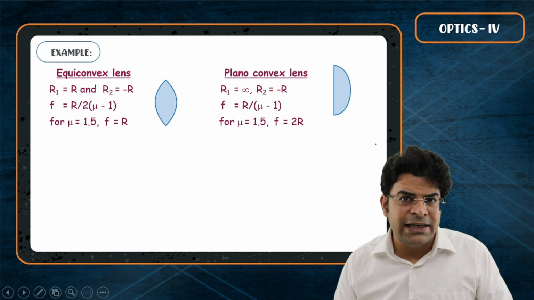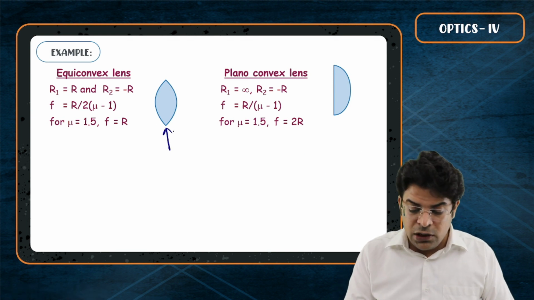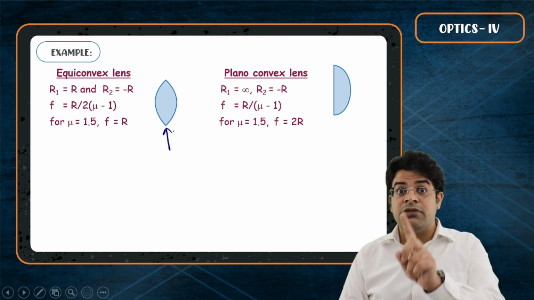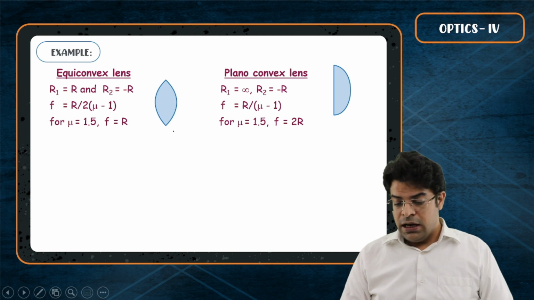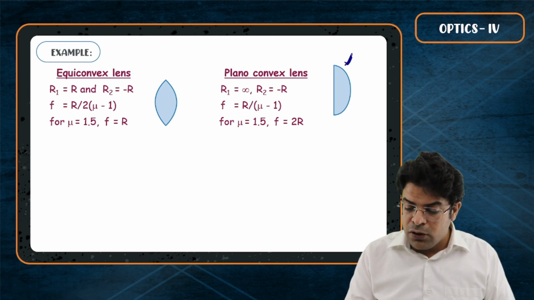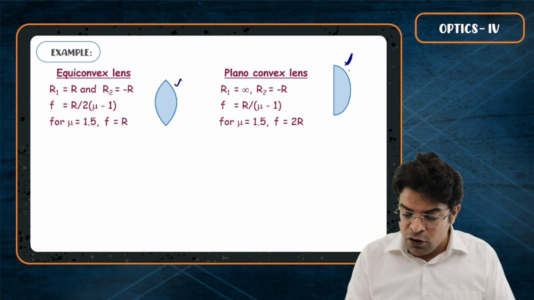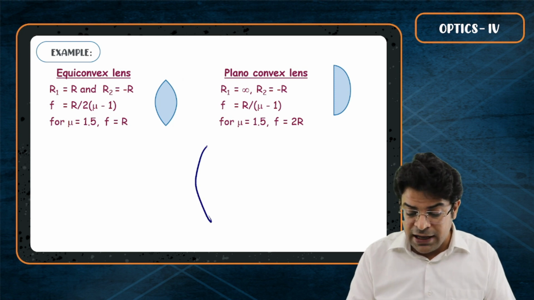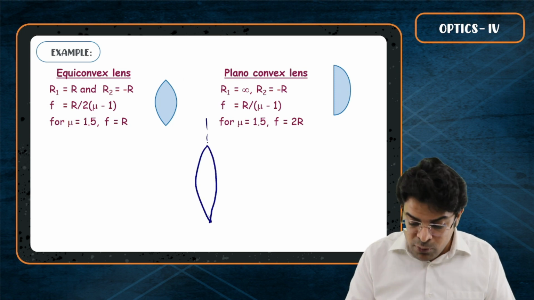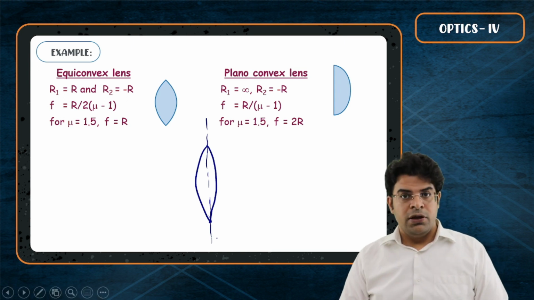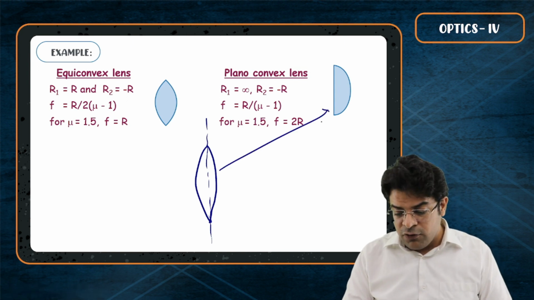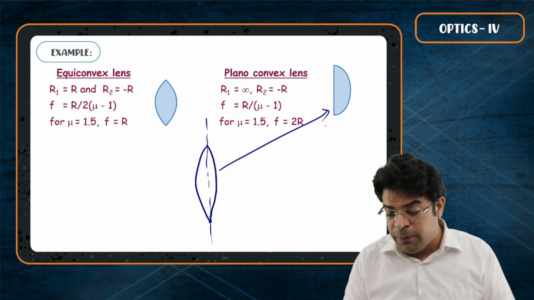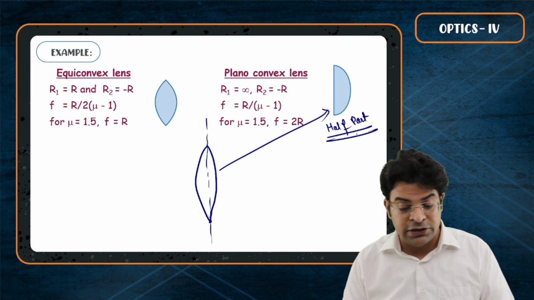Remember how I said that in the case of an equiconvex lens, both the surfaces converge. Now, if you have a plano-convex lens of the same radius of curvature, you can think that you had an equiconvex lens and you removed half of it. And once you have removed half of it, now only half the part is converging.